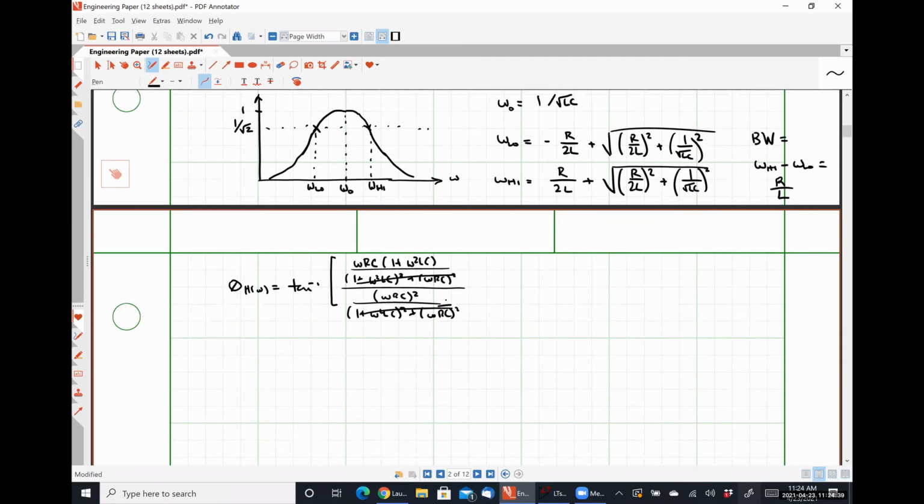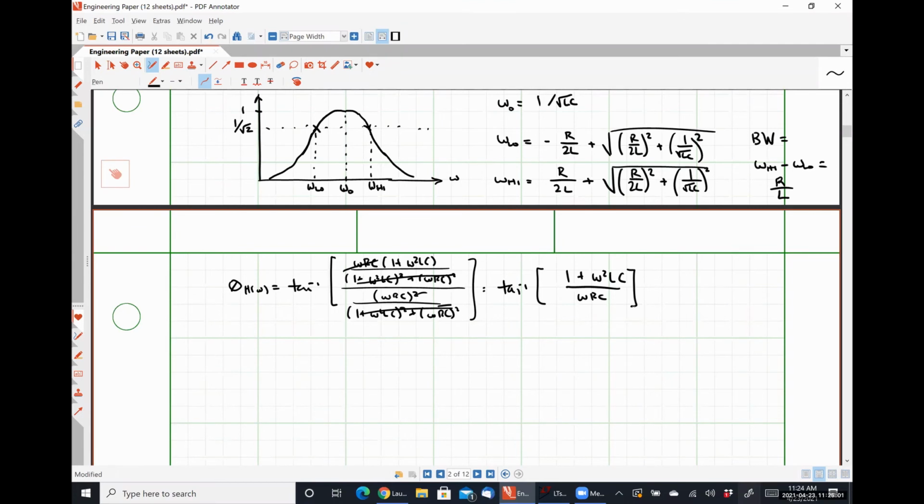Obviously the denominators cancel each other, and we're left with the arctangent of (1 minus omega squared LC) divided by omega RC as our phase response.